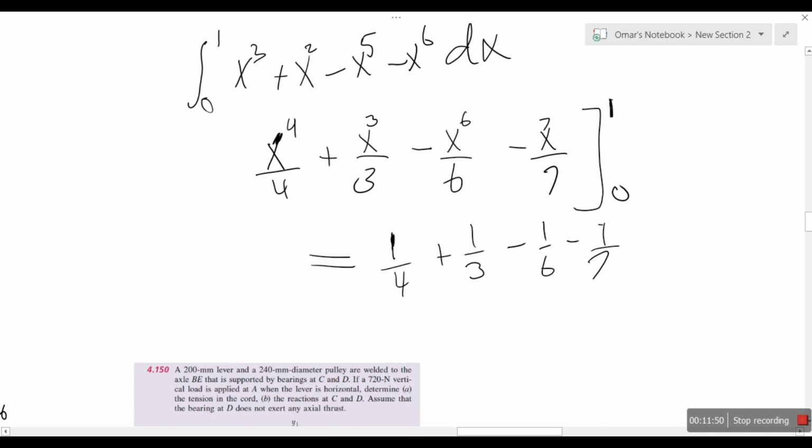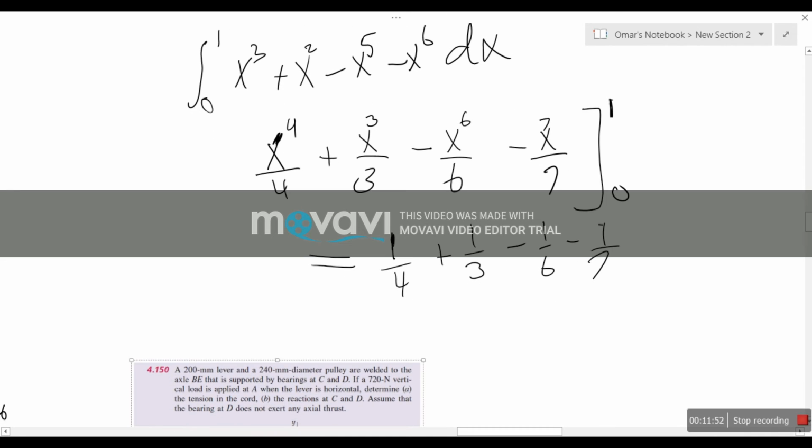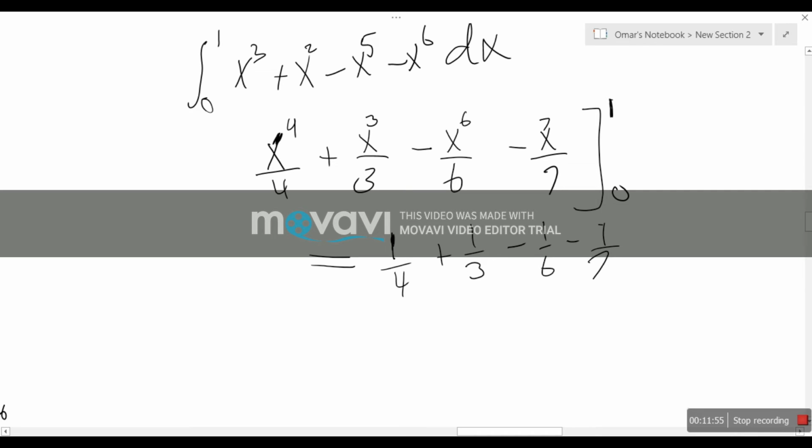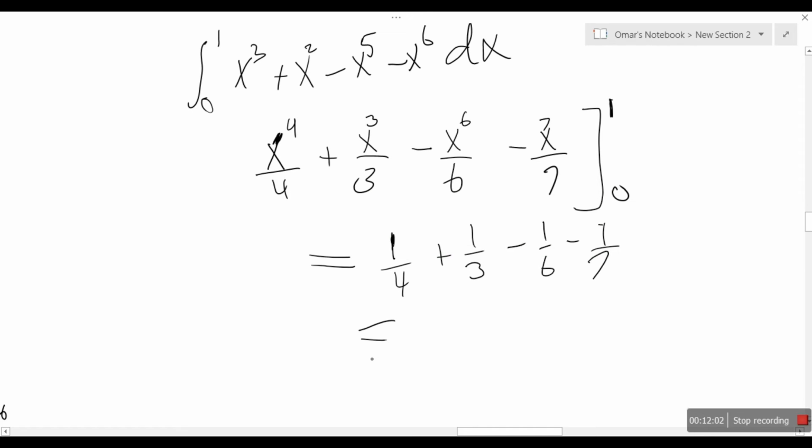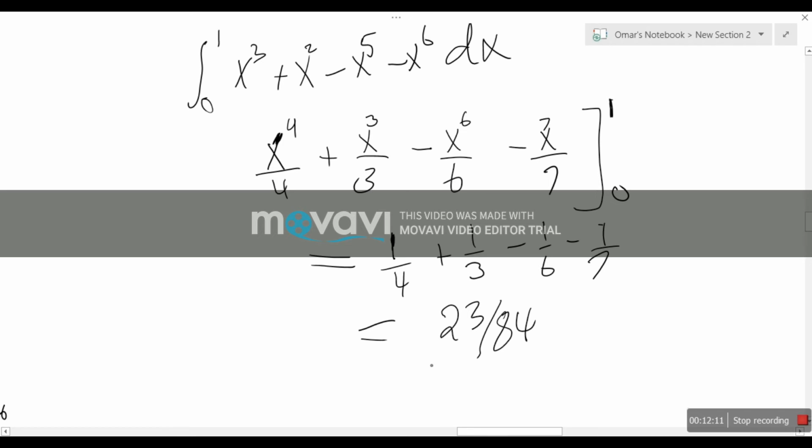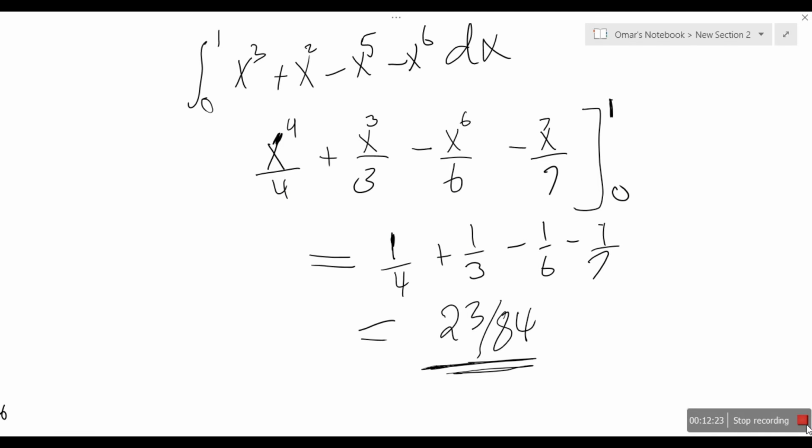When we have 0, we don't care, because it will just equal 0. So this was our answer. Plug that in the calculator, and we're going to have 23 over 84, which is the area bounded by that region. This is our answer, and let's go to the second example.